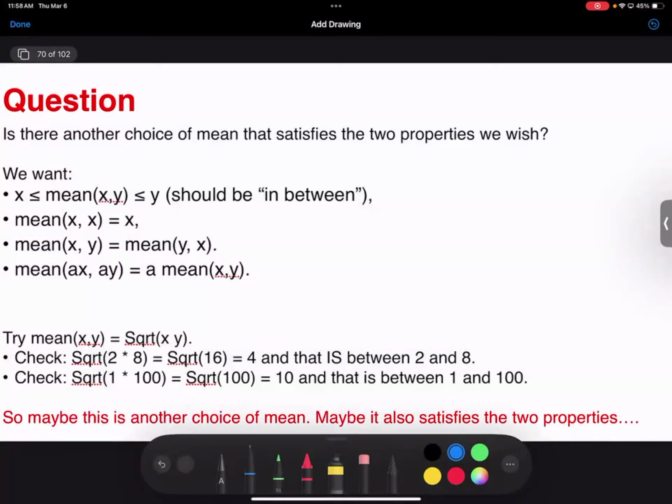So sometimes when you're looking at problems, you always want to ask, what's a good way to study? Can I adjust things? Can I rescale? Well, by the last property, the mean of ax, ay is just a times the mean of x, y. Without loss of generality, what can I assume about x?